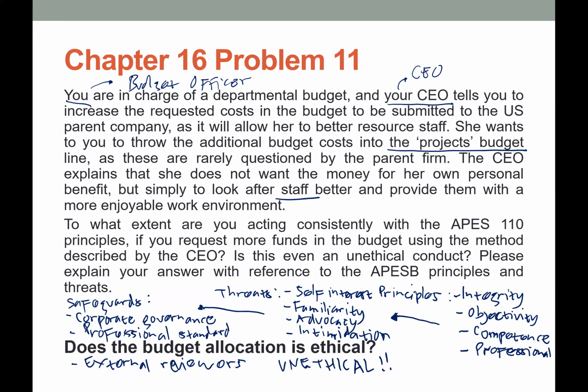What I was confused with is, is that CEO the CEO of the branch or the CEO of the main branch? I think this is not a branch, I think it's a subsidiary. So the head office is in the US, right? The parent company is in the US, and I think the CEO is the CEO of the Australian subsidiary of this company. Oh, okay. That makes more sense. Thank you, sir.